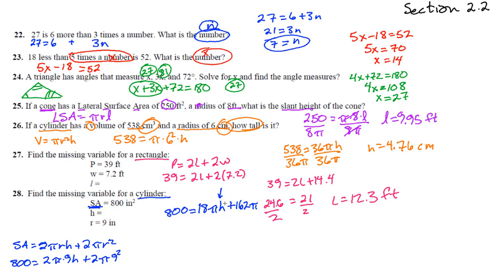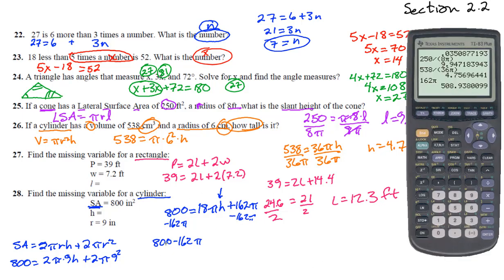If you're trying to get h by itself, subtract whatever's over here, minus 162 pi on both sides. Excellent. So that's 800 minus 162 pi. And you could simplify this. If you had turned that into the number 508.94, you would then have 291.06, I think, which is perfectly fine.